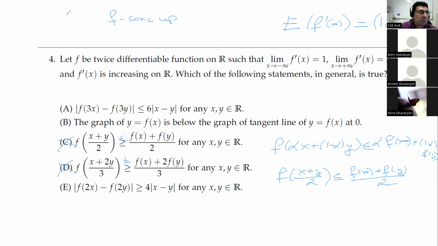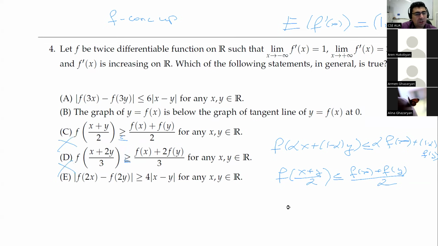Okay, the mean value theorem. Let's try it.